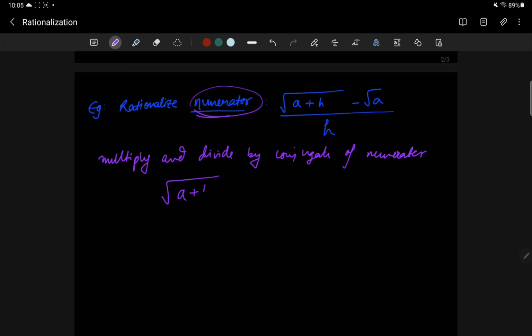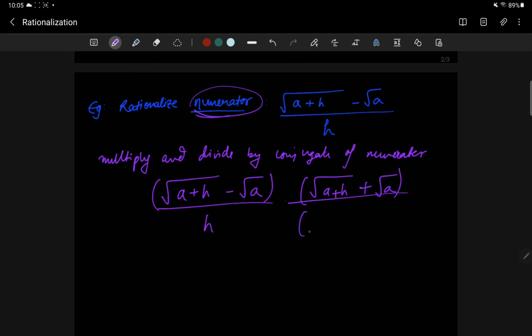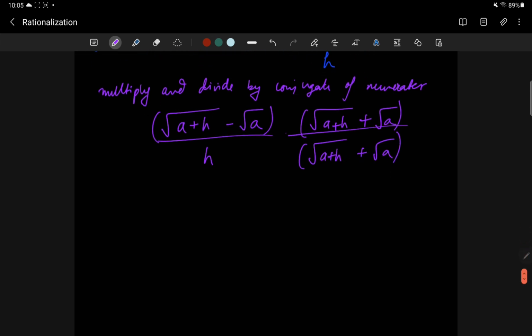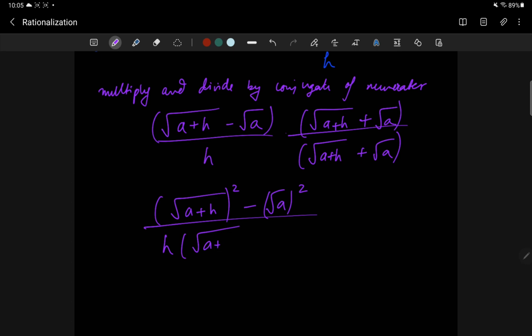So this becomes root of a plus h minus root a, over h. If I look at this term, all I have to do is make a copy of the same thing and just replace the minus by a plus. This is root of a plus h plus root of a. So on the numerator, that becomes root of a plus h squared minus root of a squared, over h times root of a plus h plus root of a.